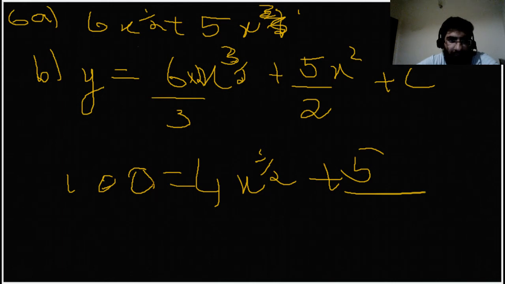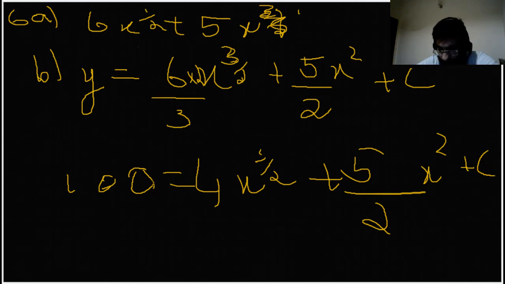So let me write just in case: 4, x is 9, to the 3 by 2, plus 5 by 2, 9 squared.